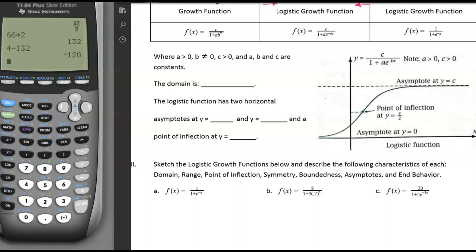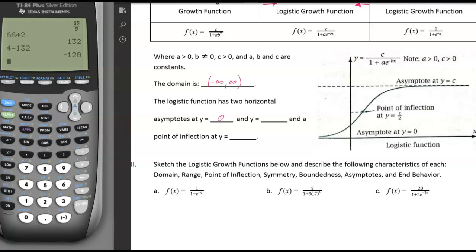Now, looking at this, what is our domain of this logistic growth function? All real numbers. And it will always be all real numbers. And where are our 2 asymptotes? y equals 0.